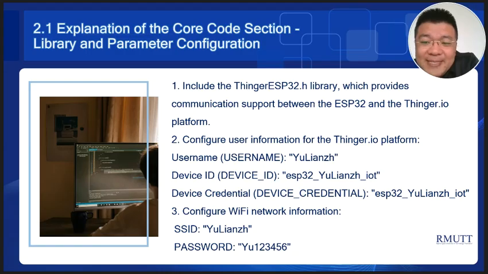Device permission: ESP32 ULNZ LT. Firmware controls Wi-Fi information. This is the SSID, ULNZ, and the password is U 1 2 3 4 5 6.